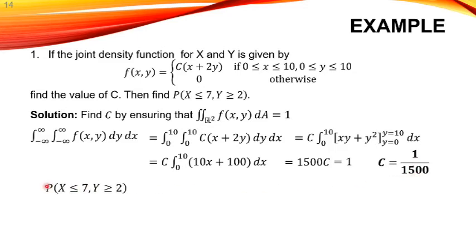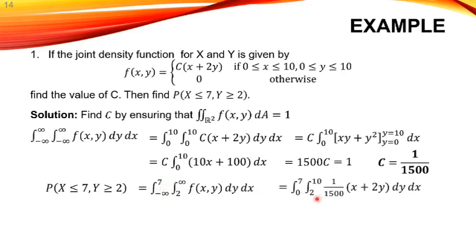So the probability that x is less than or equal to 7 and y is greater than or equal to 2 is evaluated by the double integral of the density function dy dx, where y is from 2 to positive infinity, since y is greater than or equal to 2, and x is below 7, so we have negative infinity up to 7 only.